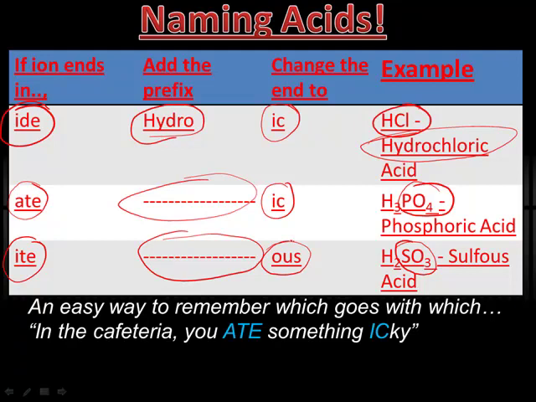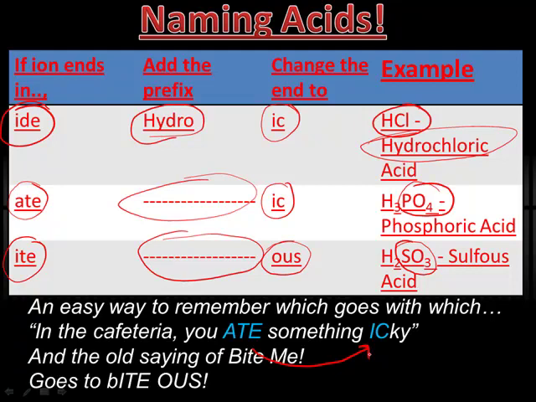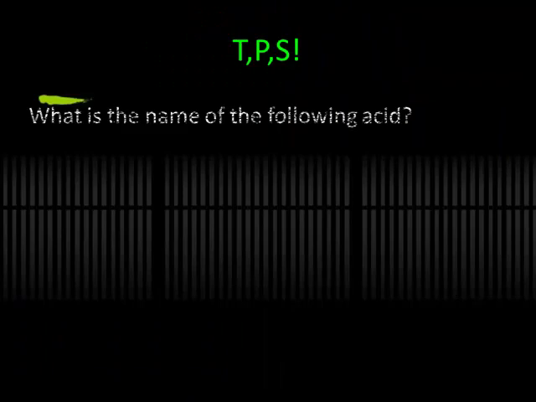In the cafeteria you ate something icky. Ate goes to ic. The other one, the old saying when I was a kid was, bite me. Well, we're in this class, we're in this together, so not bite me, but we're going to go bite us. So you can bite us, buddy. We're done. Let's try a couple practice ones of these.